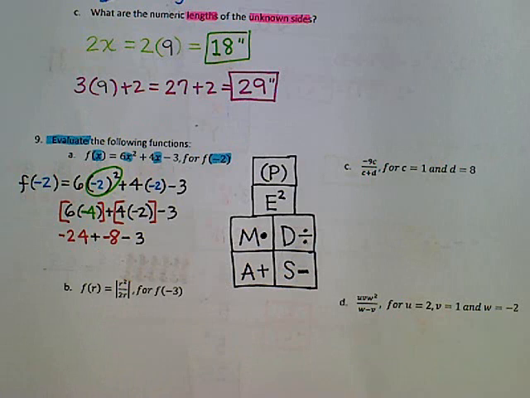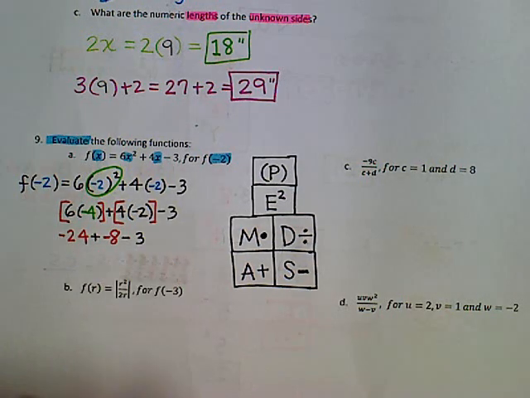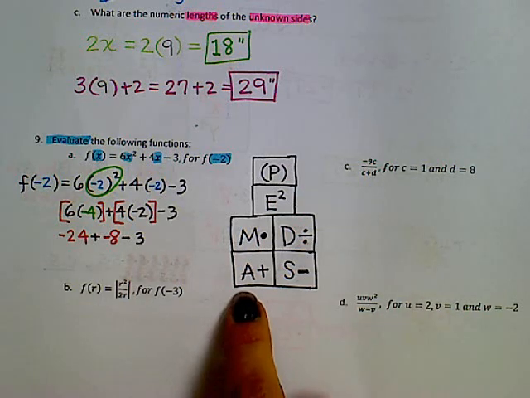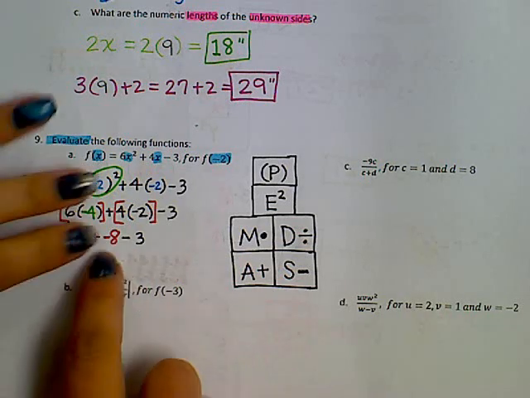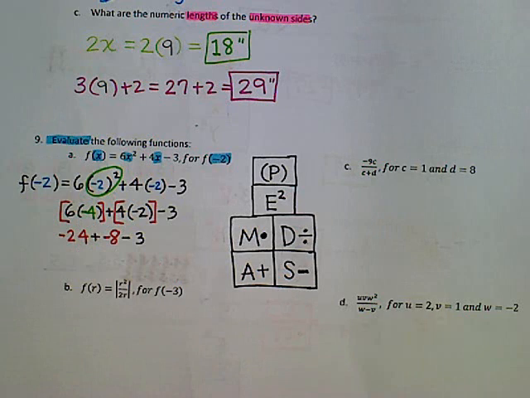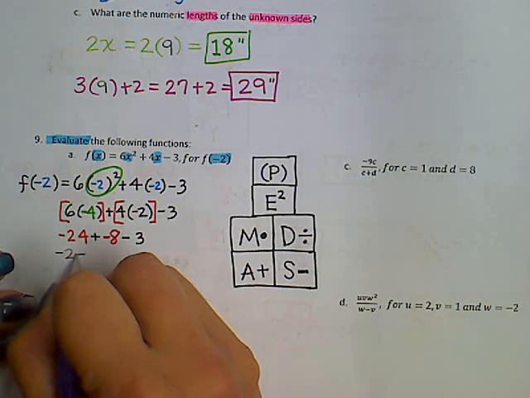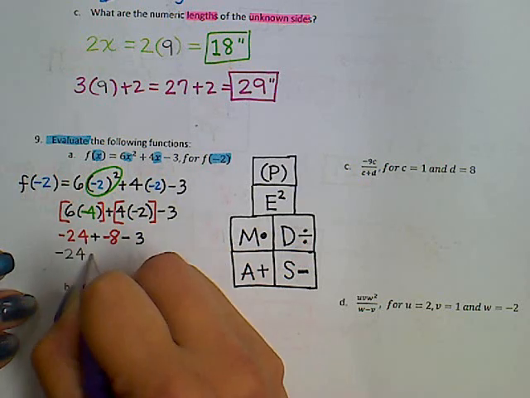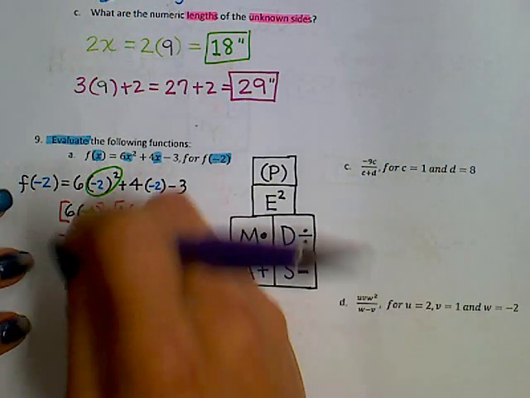Now, as I'm looking at this, this says negative 24 plus negative 8 minus 3. At this point, I can just go ahead and move from left to right. It truly doesn't matter. But I personally would probably want to separate this since both of these are negative. I could say negative 8 minus 3 would give me negative 11, and negative 24, and then plus negative 11. I don't need that plus sign anymore.